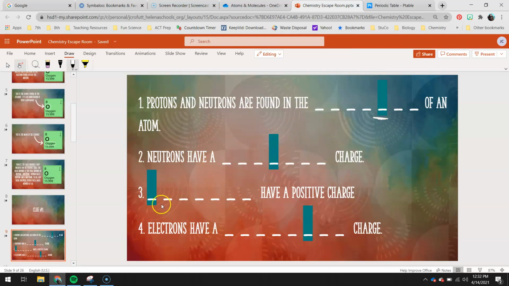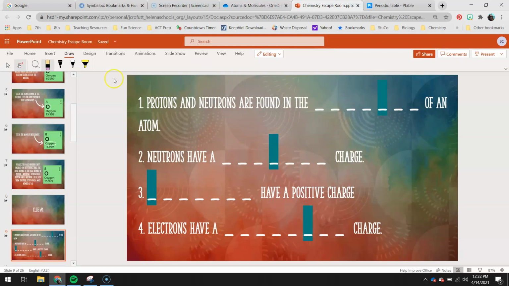Neutrons have a blank charge. Again, use your draw tool to write the answers in each of these. Okay, and then the one that's highlighted is going to be the one that you need to solve the word in that password. Okay, so go through, figure out all of those highlighted letters.